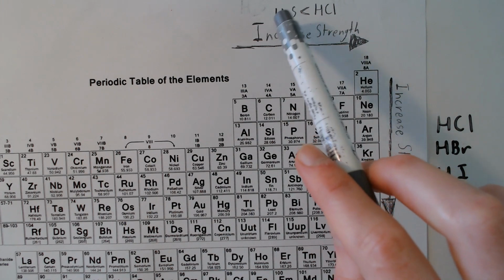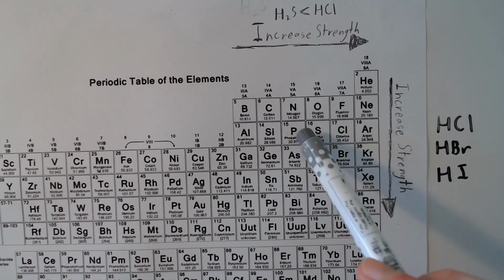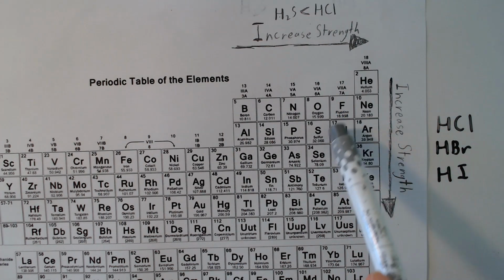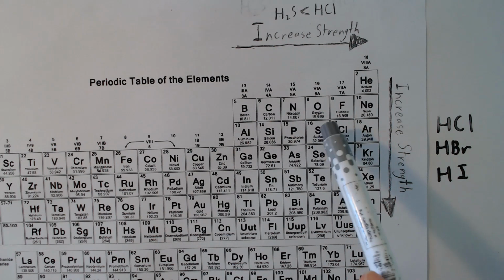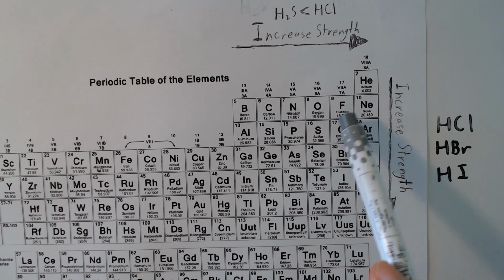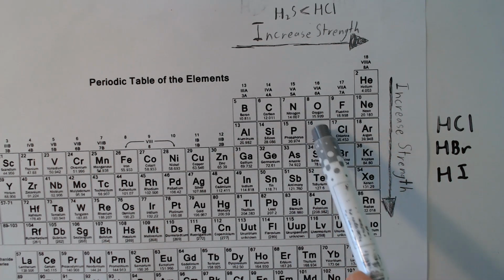So in this case, H2S, the S is right here. And in HCl, the Cl is right here. Since the Cl is to the right of S, more across this period, HCl has a higher strength than H2S.